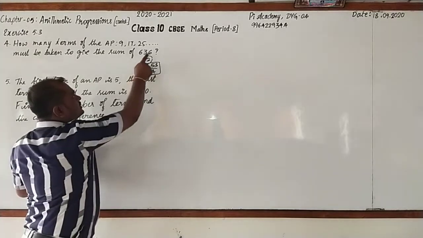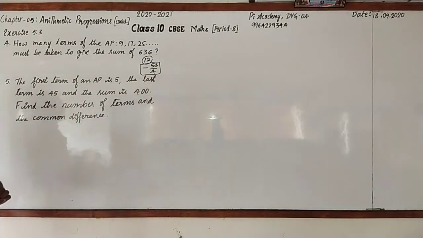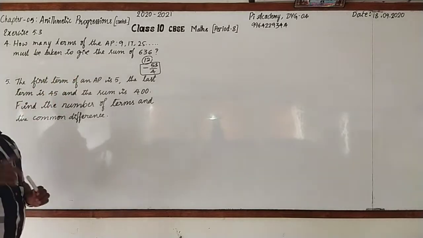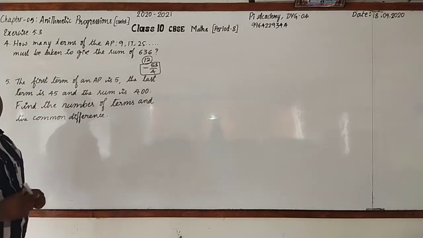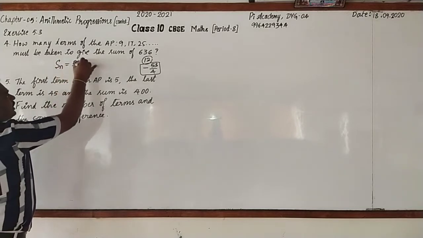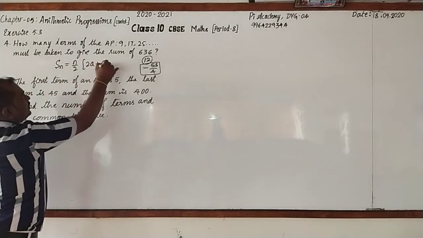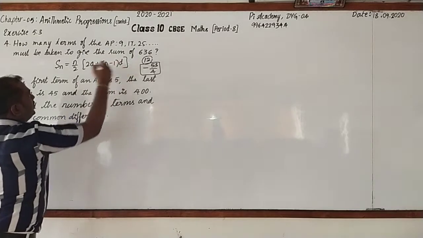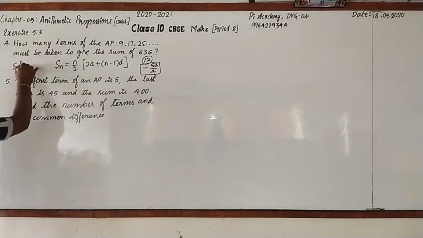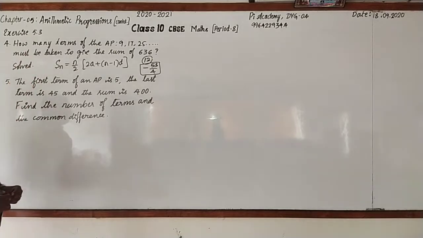Sn equal to 636. Then what are you going to find out? The number of terms, which is denoted by n. Then what formula should be used? It is Sn is equal to n by 2 into 2a plus of n minus 1 into d. Got it? So it has already been solved, but you should write it again.